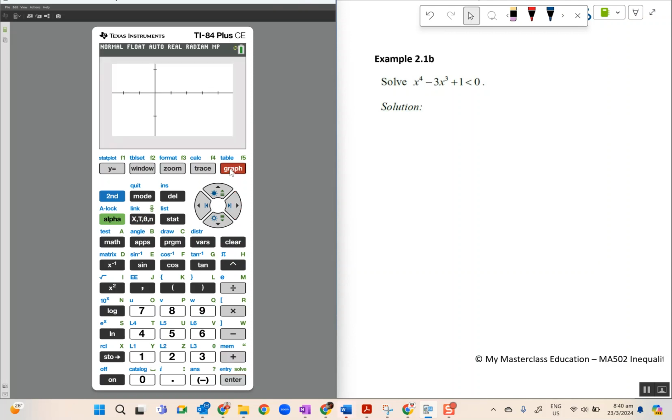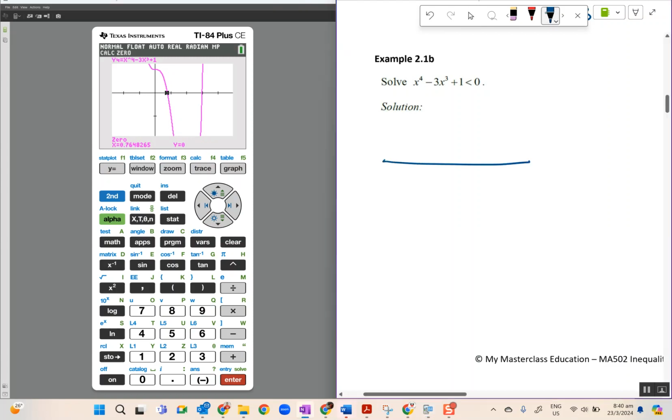So I press graph, then I look at here, I have two roots over here. How can I find the two roots? I will use second function calculate. The second one, 0. So I will go to the left of the root and go to the right of the root, and then ask the calculator to guess. It says that I have the first root, which is 0.765.